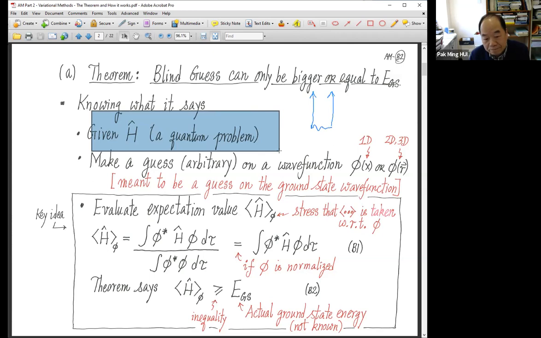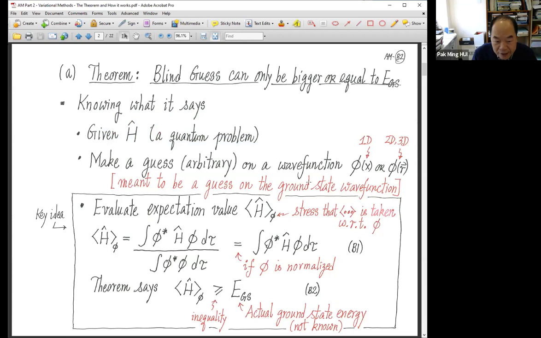Or it may be a problem like a harmonic oscillator, but tilted to one side a little bit, not symmetric. All right, so that is an H. And you want to shoot at the ground state or guess at the ground state energy. So that is the problem in mind.